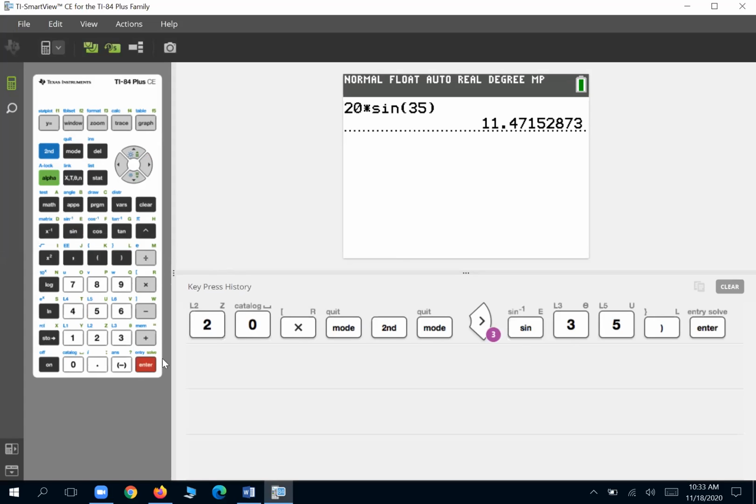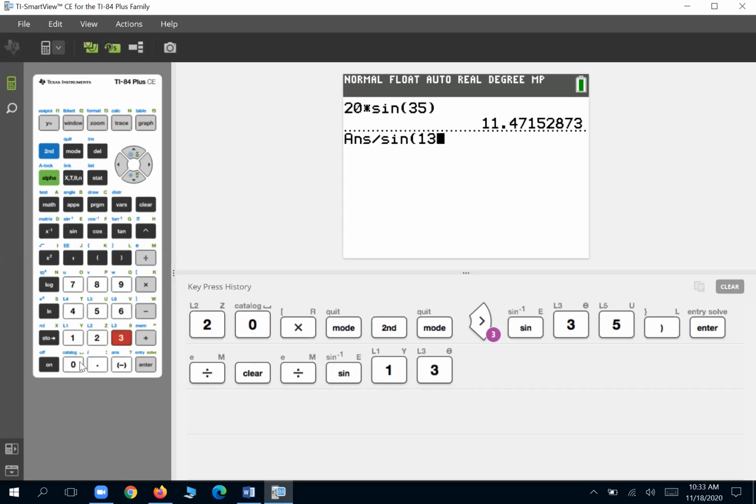That way the computer can't divide before it's supposed to. Sometimes you get the same answer, but then I would hit divide, and you see how it takes the answer and puts it in there on itself? So all I did is I hit the divide button and it put the answer there ahead of it. So divided by sine of, I think it was 130, right? Check my notes here. And if you do that, there's your 14.97.